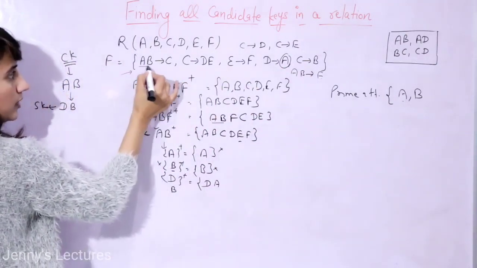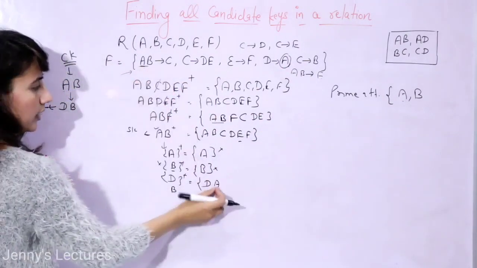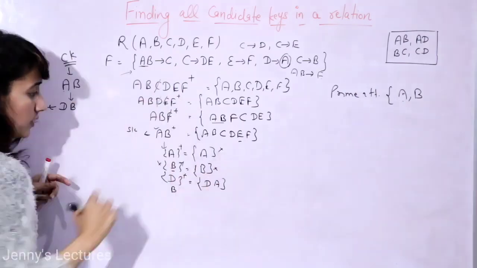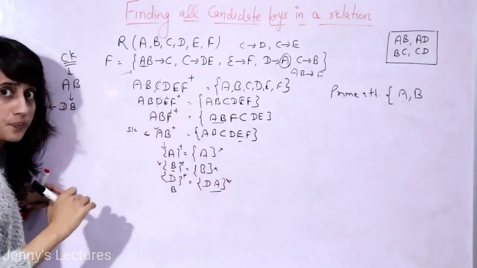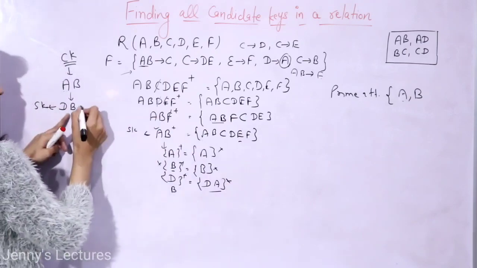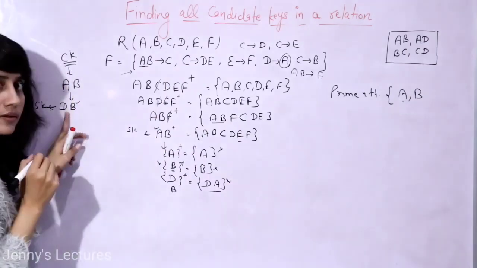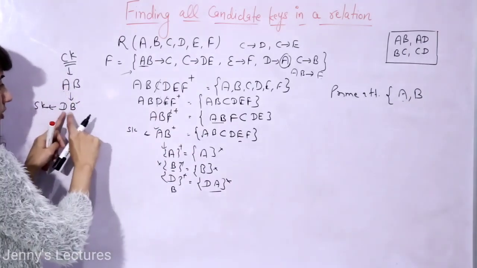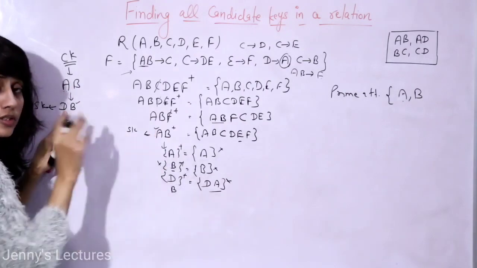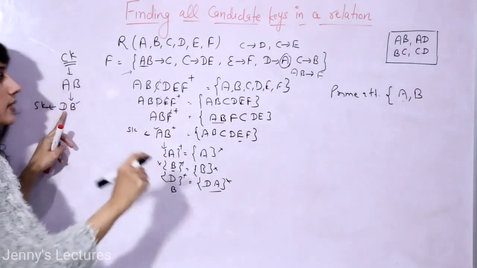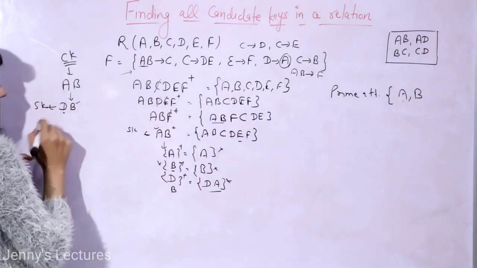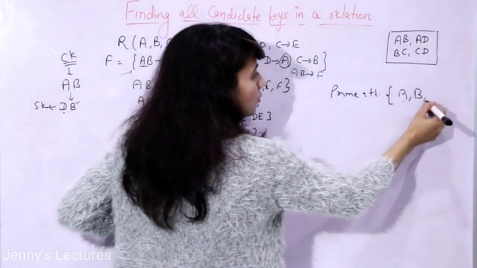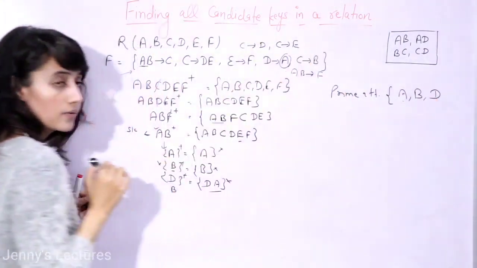No, because both AB is determining C, but I have only A. I don't have B. So now attribute closure of D is DA. So this is also not a super key. Now you can say that this is a candidate key because no proper subset of DB is a super key. So this is a candidate key. Now we got the second candidate key. Now the prime attributes are, one more attribute is there, that is D. So we will add one more attribute, that is D, here.